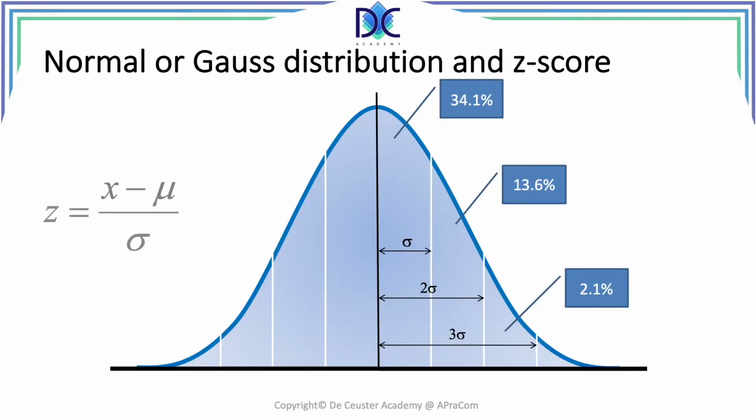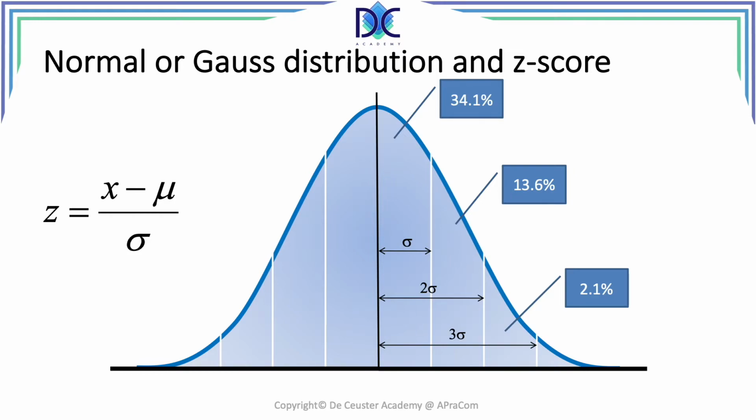Now, when we look at the normal or Gauss distribution, which is used in many examples, the advantage is that when we're doing sampling, and we do a lot of samples, we create a sampling distribution, the distribution of samples, and typically this turns always into a Gauss distribution.